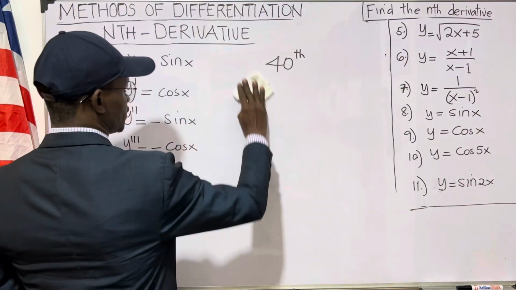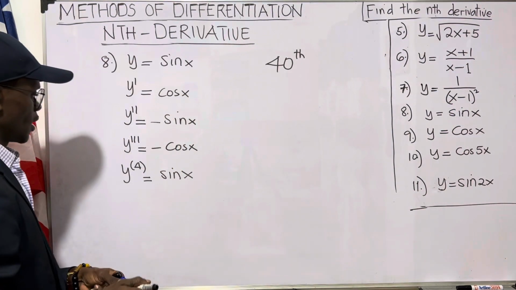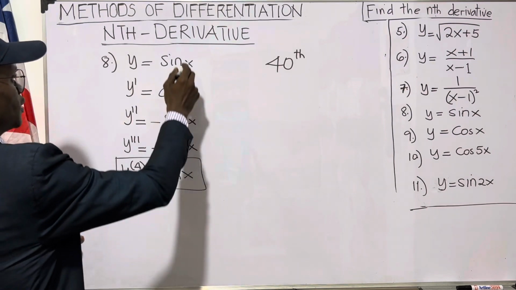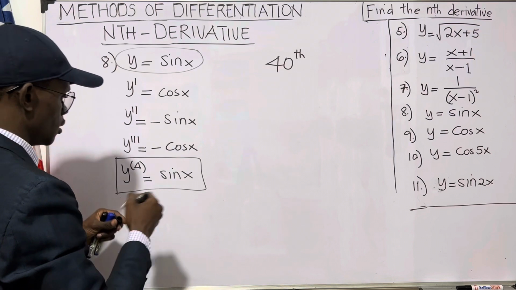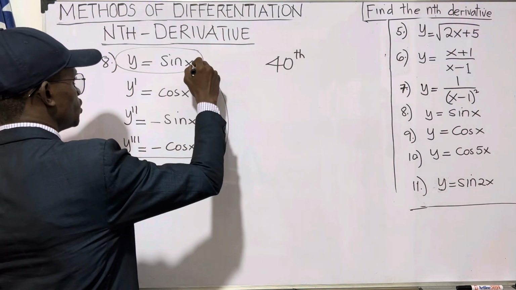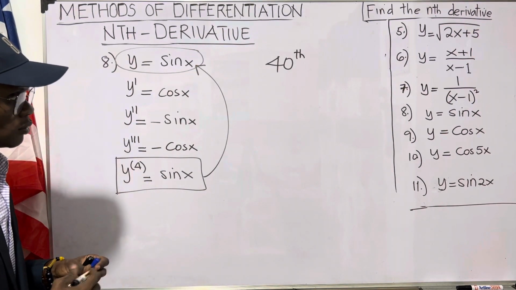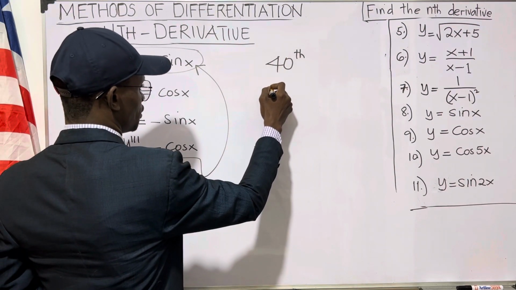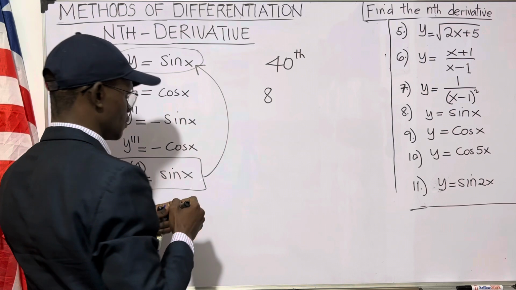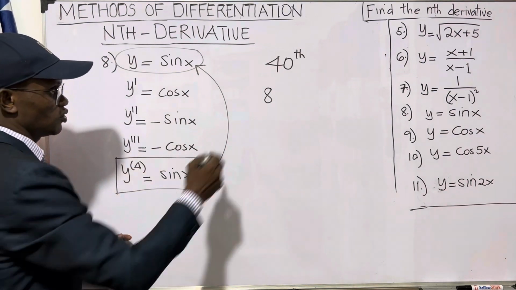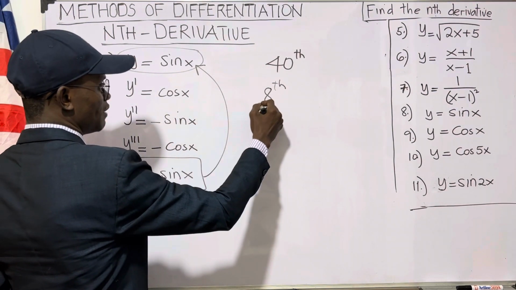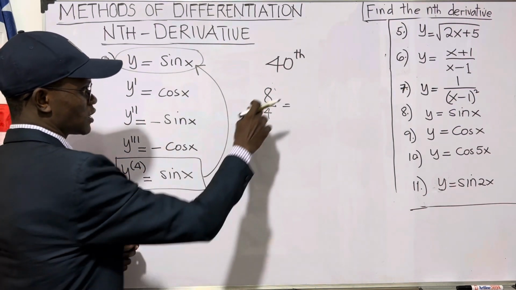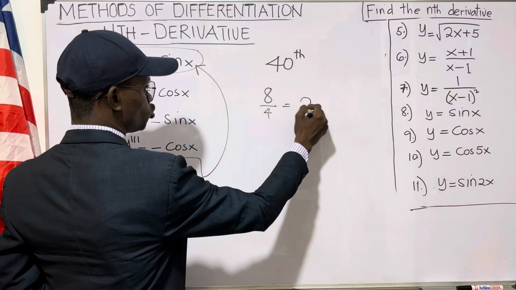So what's the technique? The technique here is that after every fourth derivative of sine of x, we go back to the original function. Before we find the 40th derivative, what if you were asked to find the 8th derivative? If you divide 8 by 4, you have 2.